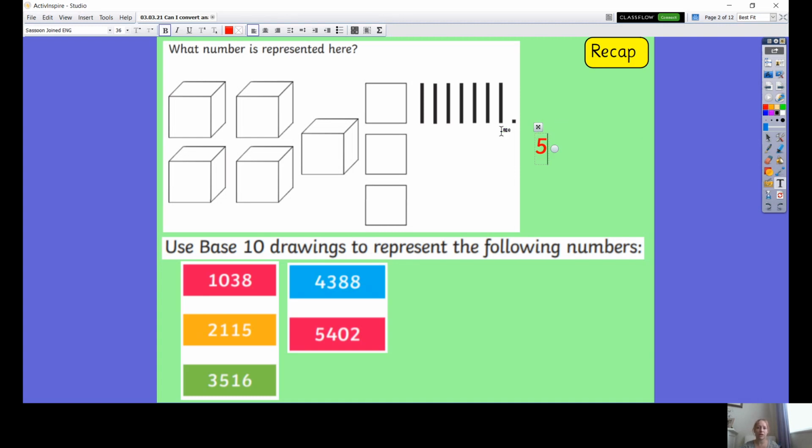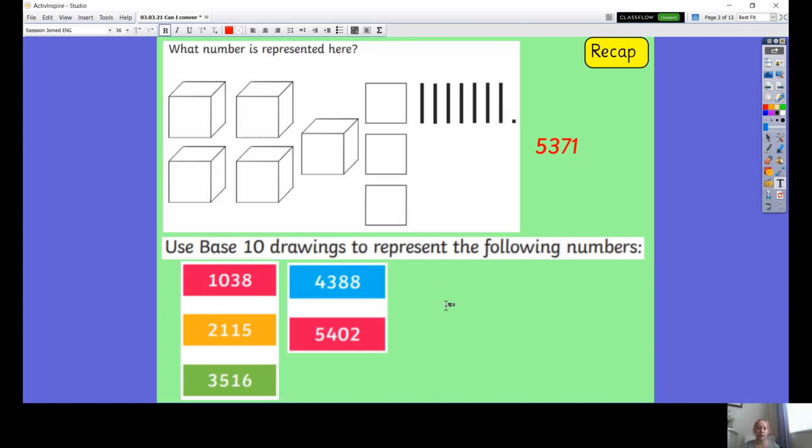Then we've got 1, 2, 300, and 1, 2, 3, 4, 5, 6, 7 tens, and then 1 one. So the number represented here is 5,371. I need to make sure I put those in the right columns: 5 in the thousands column, 3 in the hundreds column, 7 in the tens column, and 1 in the ones column.